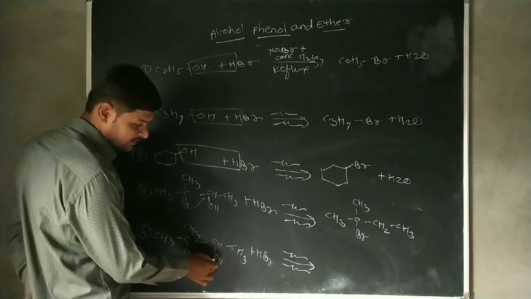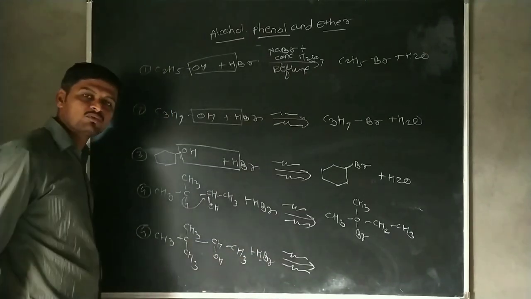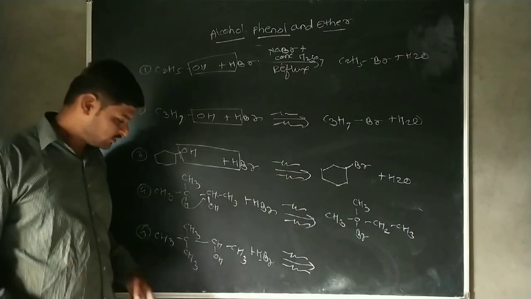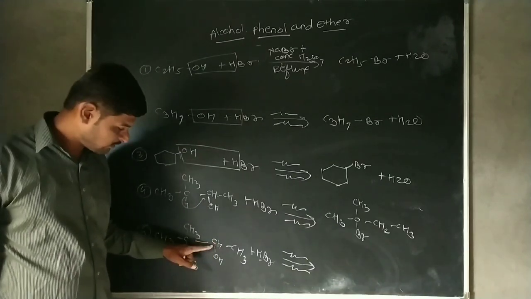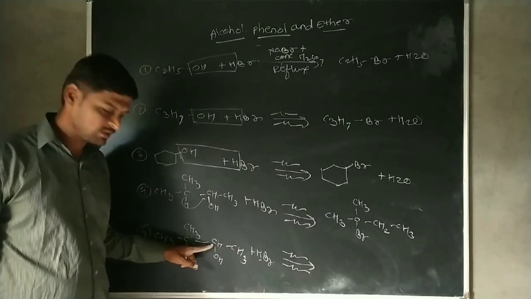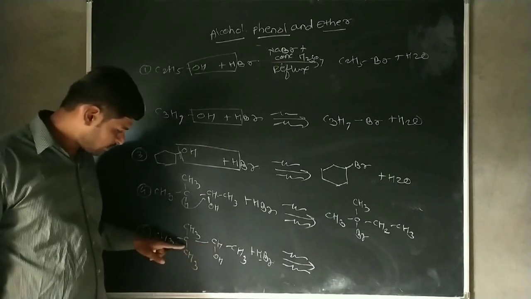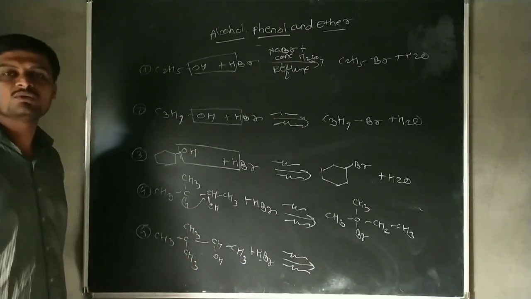Firstly, this oxygen attracts the H+ ion from the HBr, and a protonated alcohol is formed. After protonation, a water molecule is eliminated, and a secondary carbocation is formed here, with the positive charge on this carbon atom. Then this carbocation is converted into a tertiary carbocation by the 1,2 methyl shift.